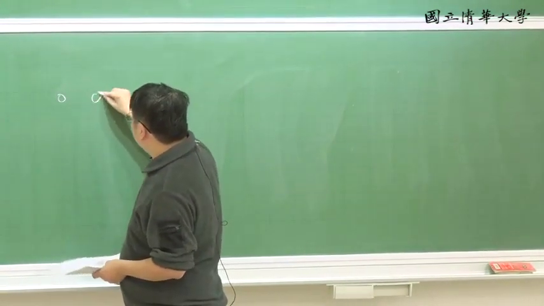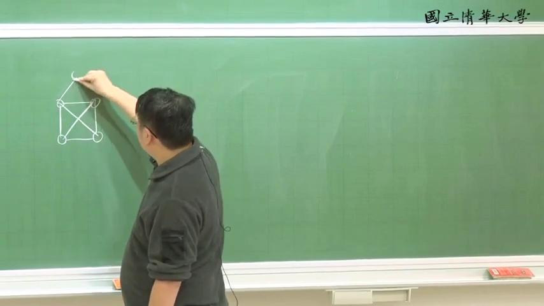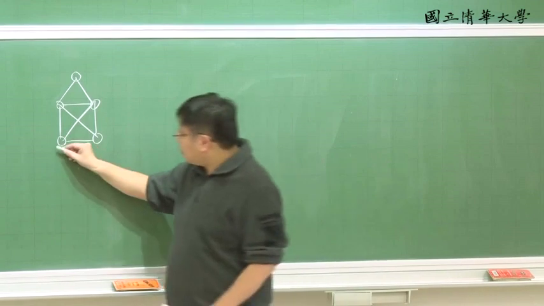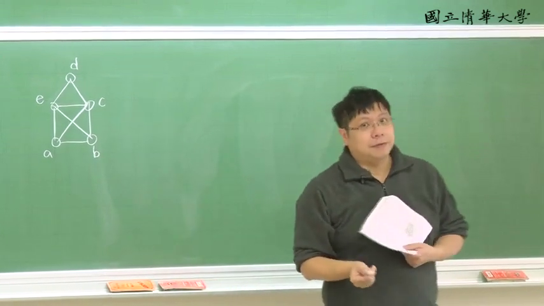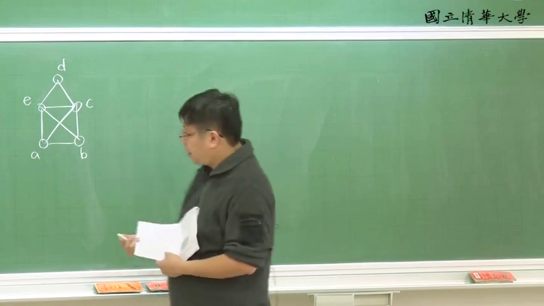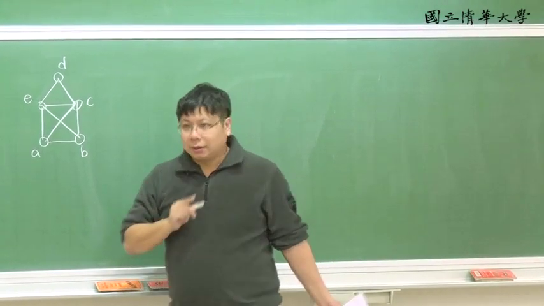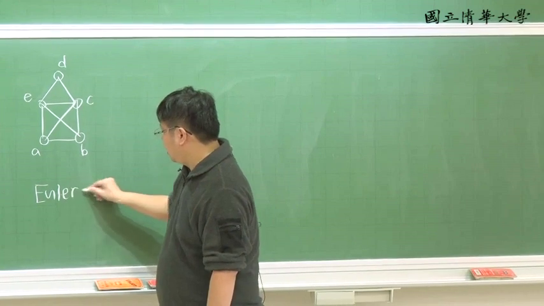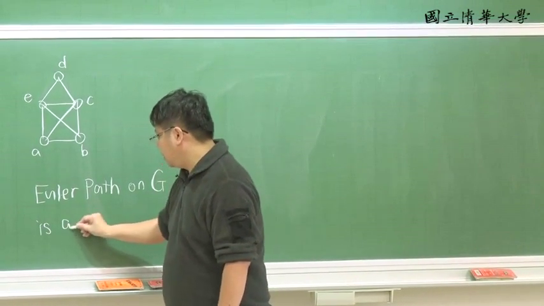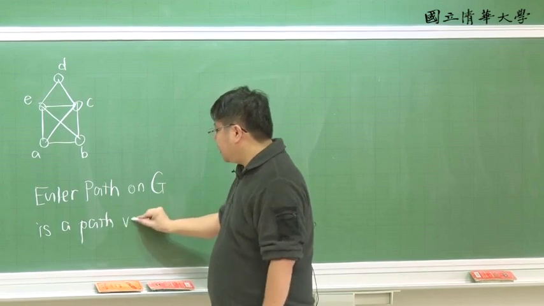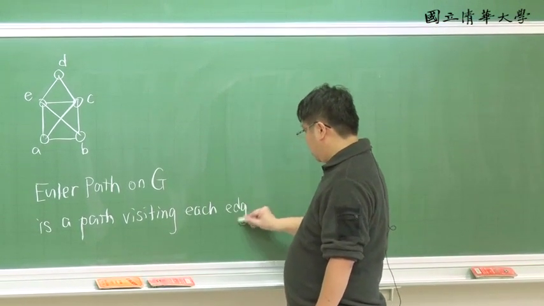Say you have a graph with vertices A, B, C, D, E. An Euler path on a graph G is a path that visits each edge exactly once.